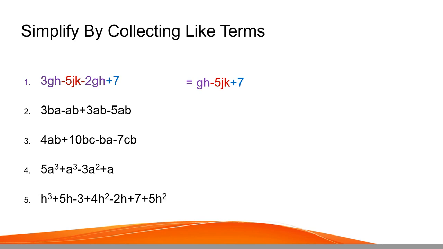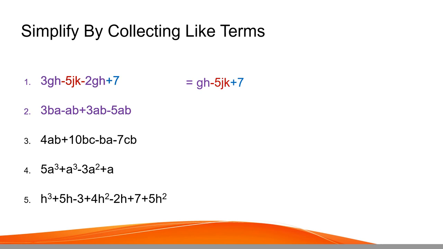What are you going to do with the second one? Collect like terms: 3ba minus ab plus 3ab minus 5ab. Ladies and gentlemen, I must tell you that ab and ba mean the same thing, just like 3 times 2 and 2 times 3 are the same thing. So 3ba is the same as 3ab.